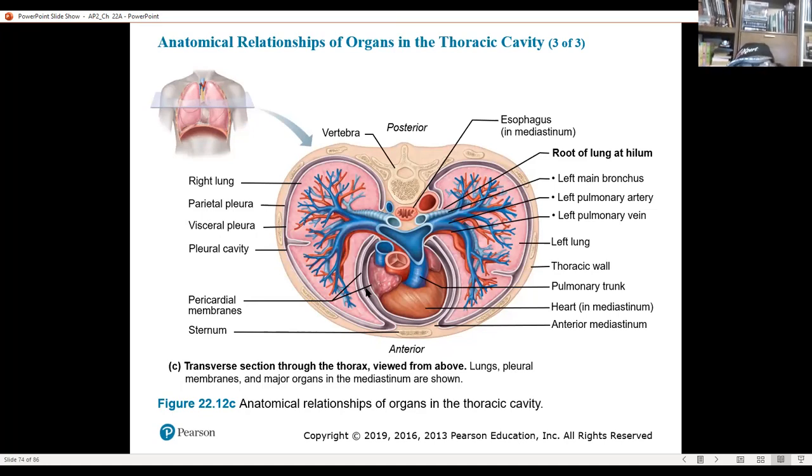The P in parietal reminds you that you're out to the periphery. The V for visceral means you're very close, stuck to the organ. So visceral pleura is very close to the organ, stuck to it, and parietal pleura is to the periphery, far, far away.